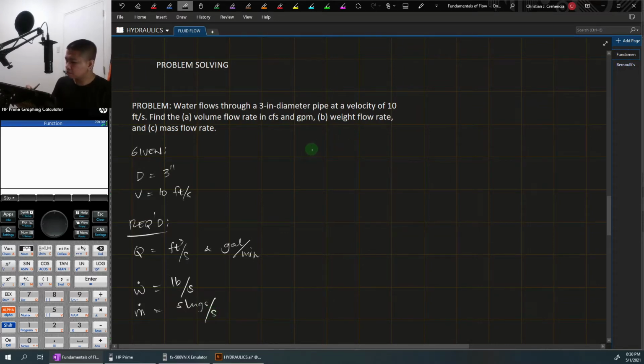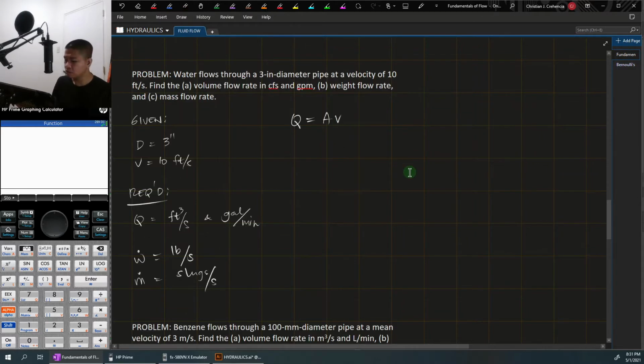So, yung formula natin kanina, that discharge Q, na-derive natin kanina, no? Area times the velocity. So, we have the velocity, we have the diameter, so dali lang natin makuha yung discharge Q. Okay? So, ang area is, yung 3 inches natin, convert natin sa feet. So, 1 foot for every 12 inches.